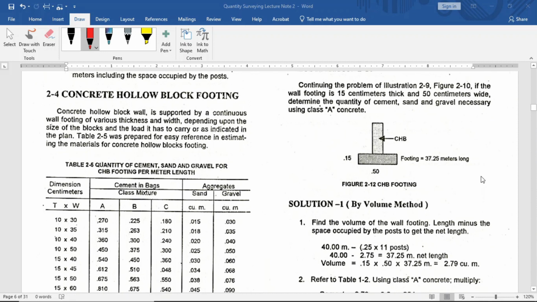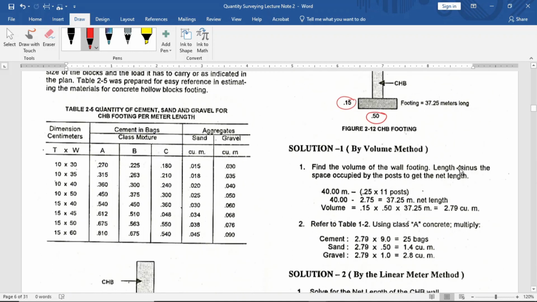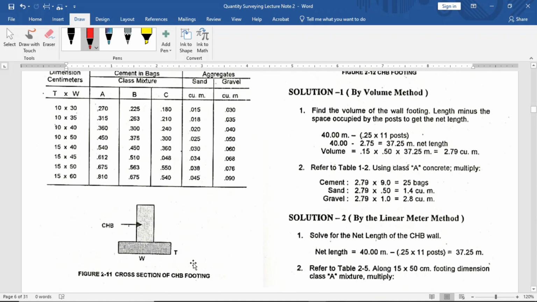Ito yung tinatawag nating footing. 0.15 thick, and 0.5 meters wide. So, by volume method, ito yung cross-section thickness with CHB.